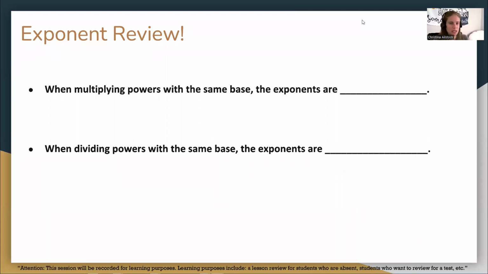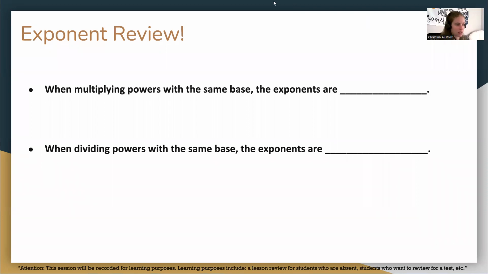So I'm going to read this sentence and pause and see if you can fill in the blank. When you are dealing with exponents, think back to those lessons before we started scientific notation. When you are multiplying powers with the same base, what do you do to the exponents?